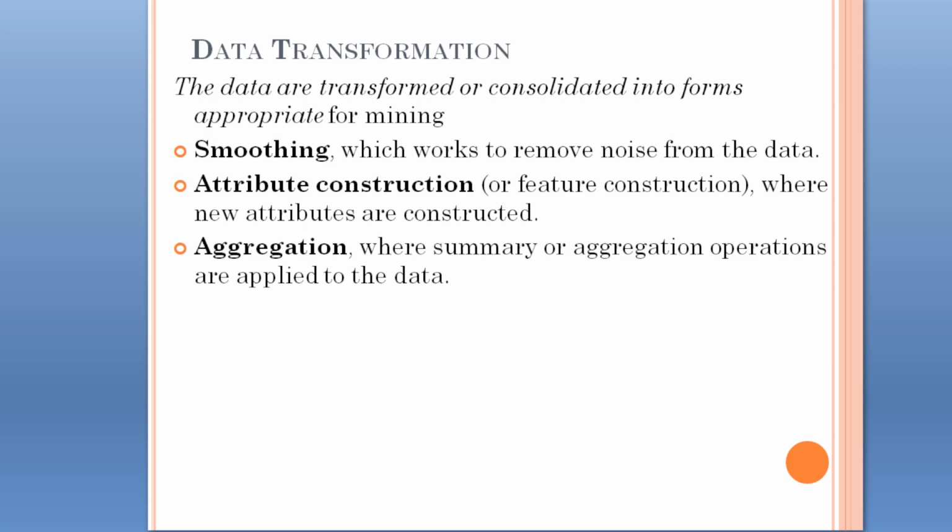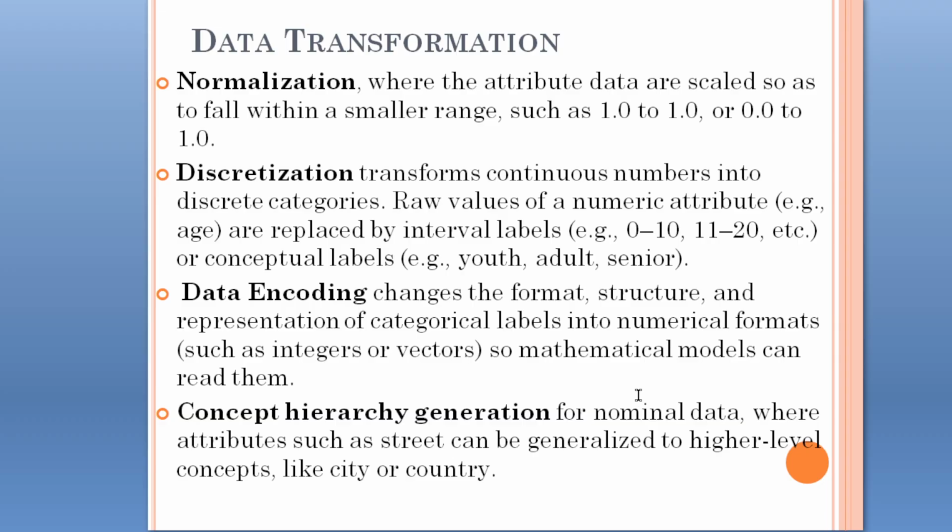For example, the daily sales data may be aggregated so as to compute monthly and annual total sales amounts. This step is typically used in constructing a data cube for data analysis at multiple abstraction levels. The other methods for data transformation are normalization, discretization, data encoding, and concept hierarchy generation.